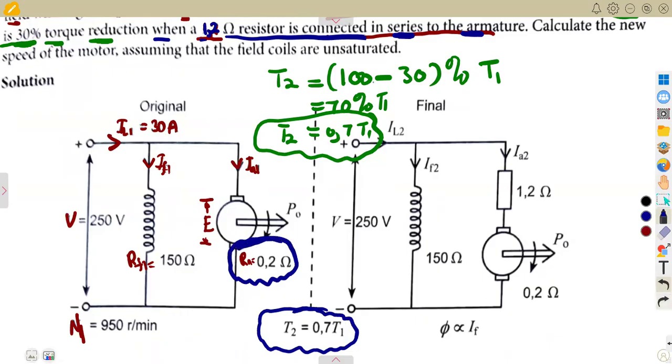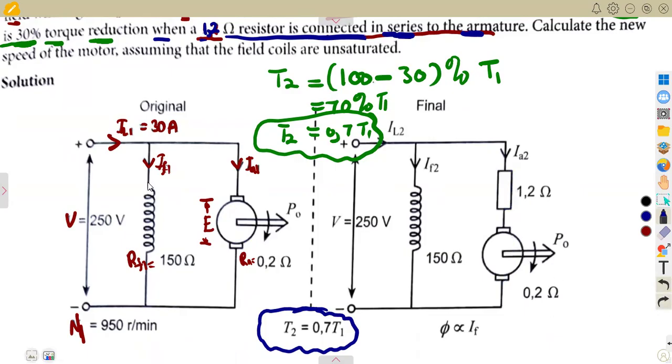This is the part of the armature. But now they're saying we connected a resistor in series. That's an additional resistor in series to the armature, not to the field, but to the armature. So it's a condition that you need to consider. So we are going to add a series resistor there to the armature.